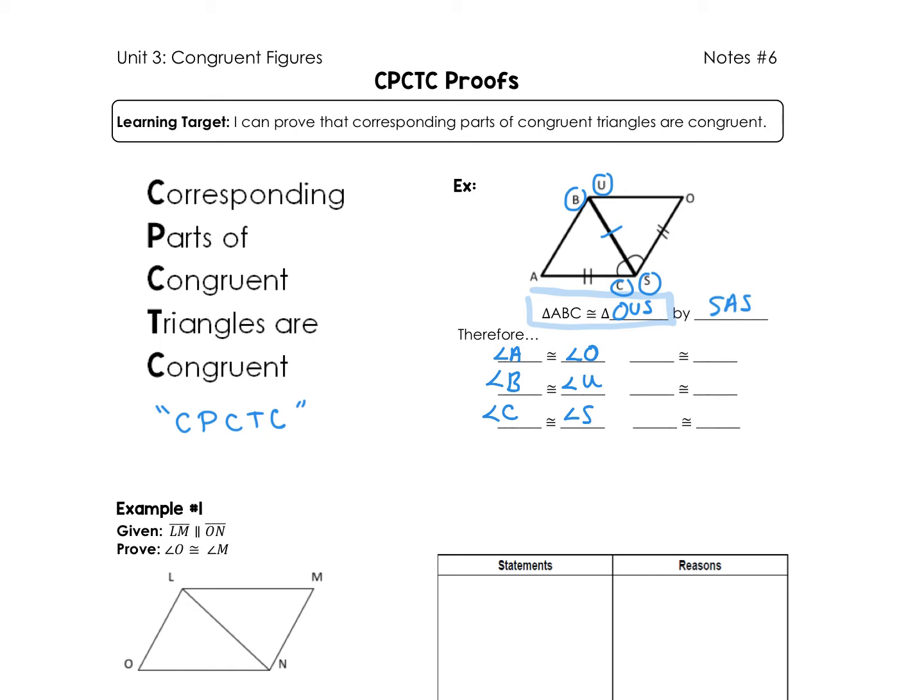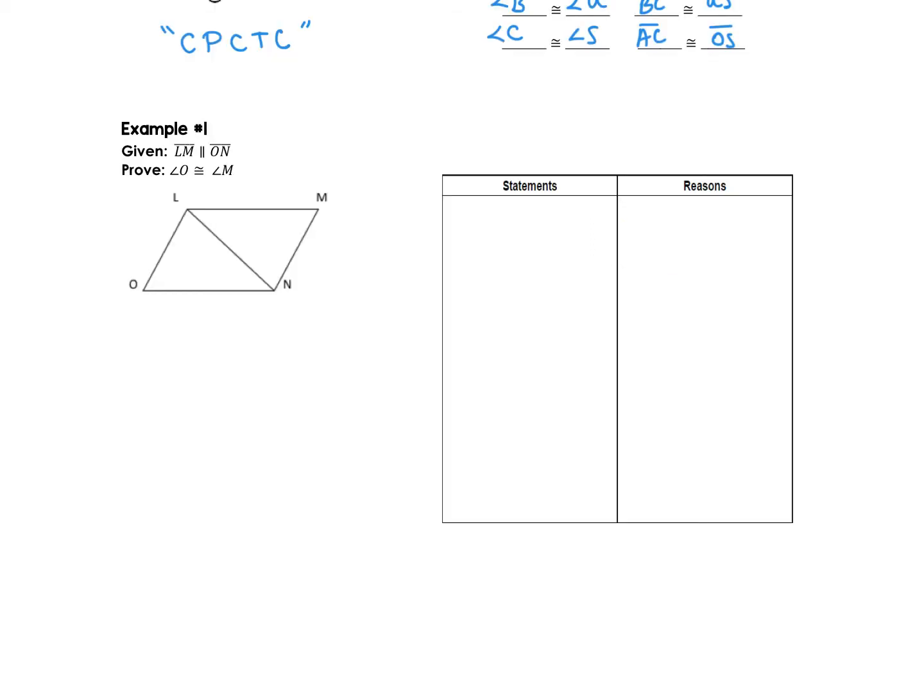Also, corresponding sides are congruent, so line segment AB from the first triangle would be congruent to OU. Line segment BC would be congruent to line segment US in the second triangle. And finally, line segment AC, first and last letter of this first triangle, would be congruent to line segment OS. Again, because they are corresponding parts of congruent triangles, so they're congruent.